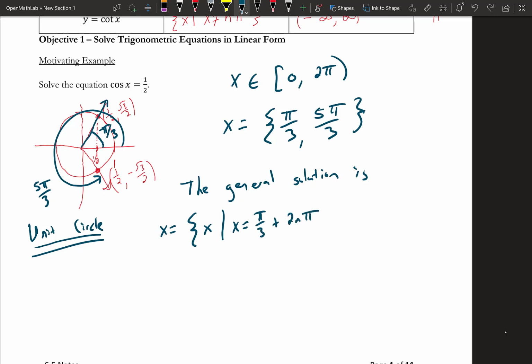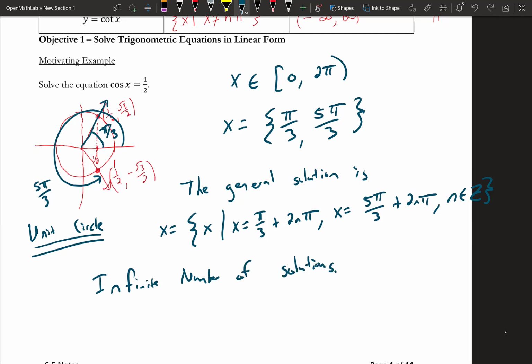So multiples of 2 pi, or x could be equal to 5 pi over 3 plus 2n pi, where n is an integer. So in other words, there's an infinite number of solutions in the general solution, right?